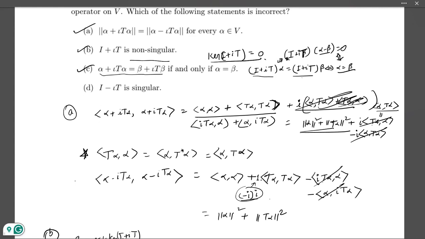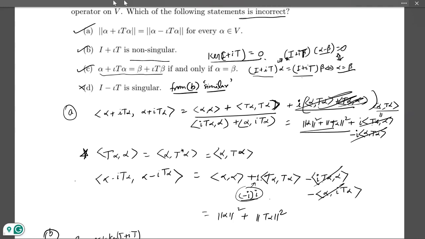Oh, it's almost time. Sorry. Let me finish in 1 minute. And from B, similar to B, calculation shows that I minus IT is also non-singular. So this is incorrect. Now, the main thing: the question is asking about the incorrect statement.